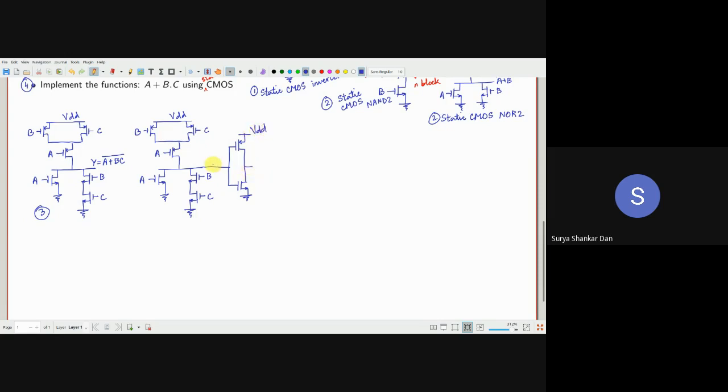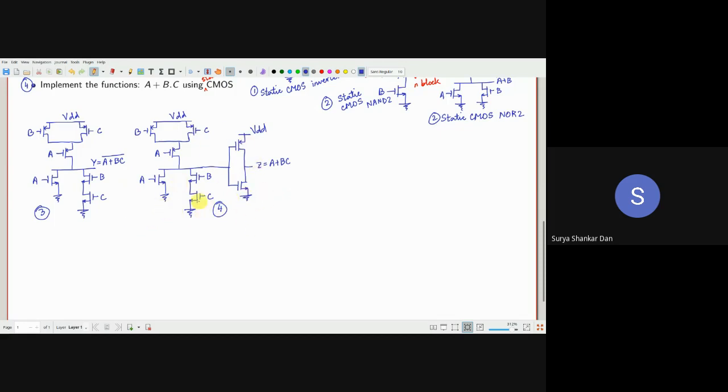Okay, so in the second stage, we will add an inverter, and that essentially gives you the same Z is equal to A plus B into C. Okay, so that is one easy solution for this, but notice the number of transistors required here.